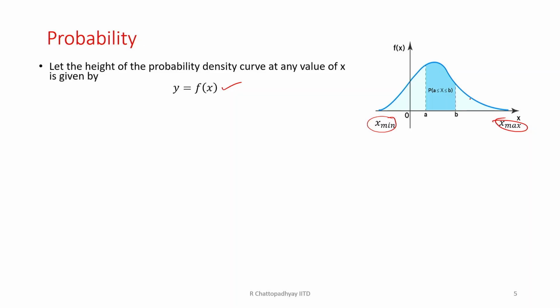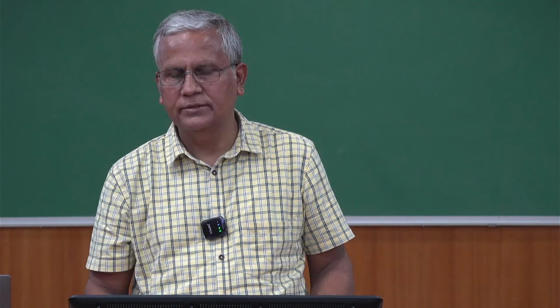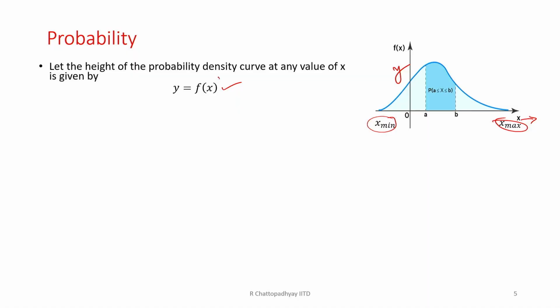At any point x along the x-axis, this random variable is shown along the x-axis. So what is the value of y? This is my y. If this is known, we can find out the height at a given value of x. To know that, this is the relationship we need to know. In a simple way we can say we need to know the equation of this curve.